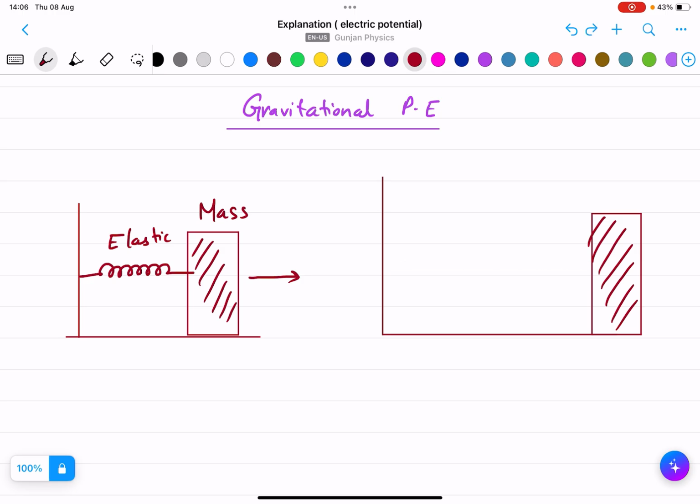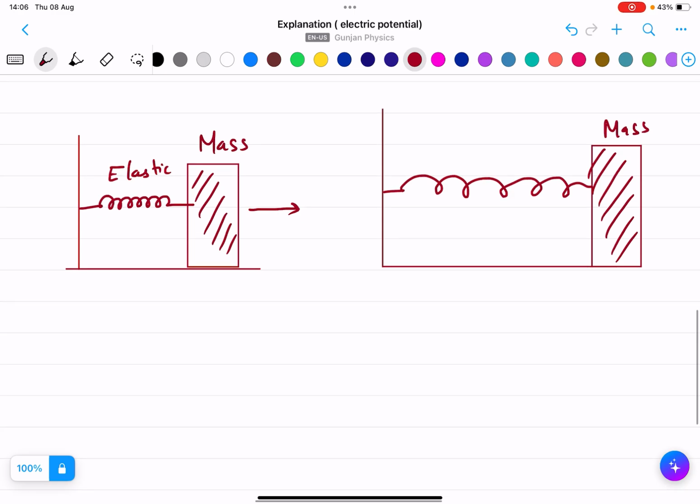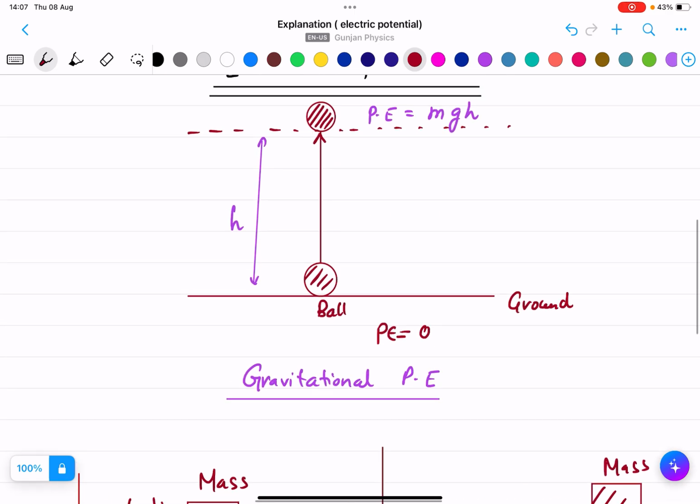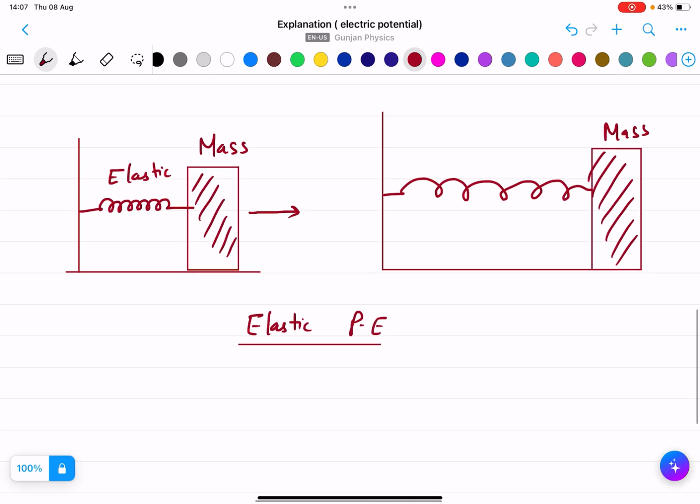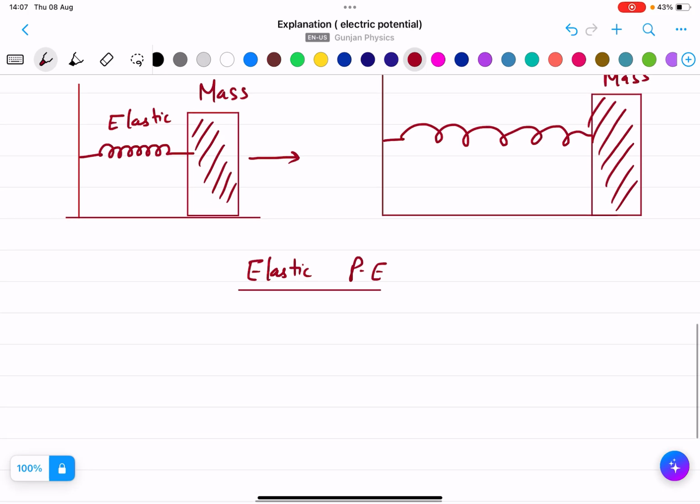So the box is moved, and this is basically elastic potential energy. I have told you this is the gravitational potential energy and this one is the elastic potential energy.